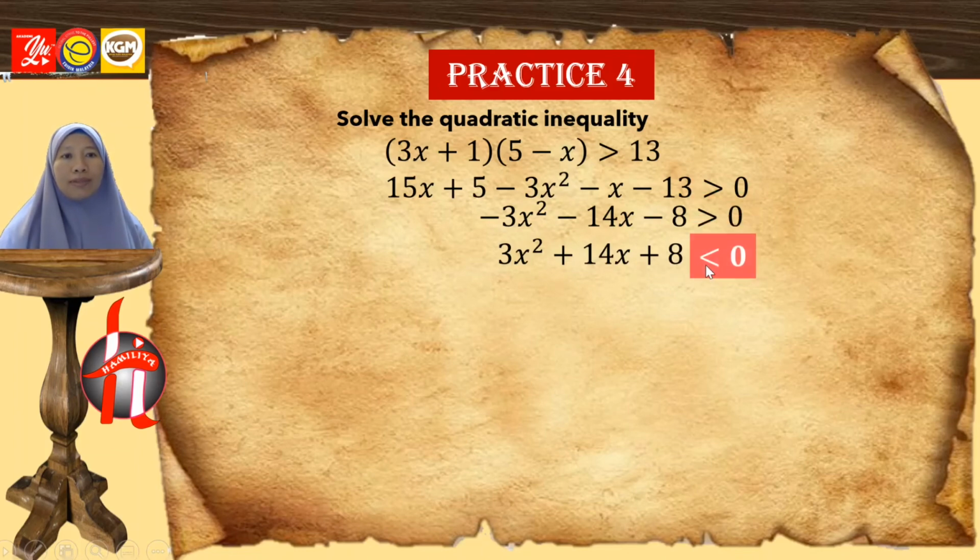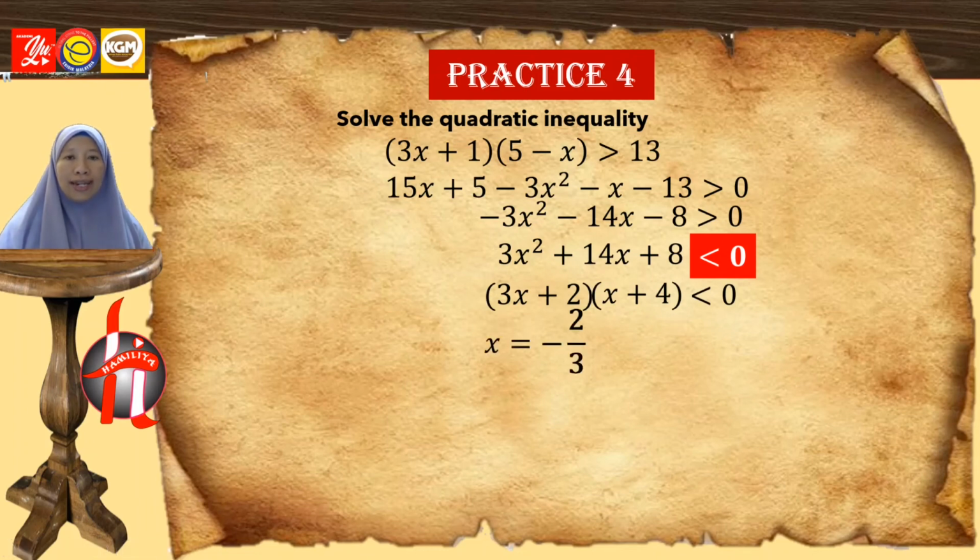And you must remember that whenever we multiply the inequality with a negative value, the inequality sign must change. You must change from greater than to less than, and vice versa. After that, we factorize the inequality, and then we get x equals to negative 2 over 3 and x equals to negative 4.